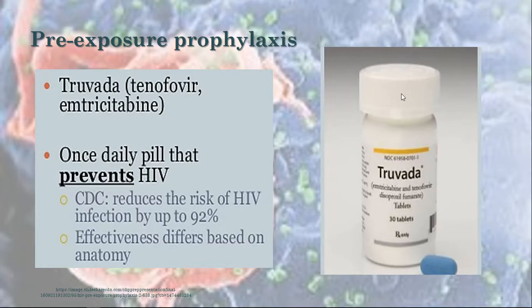And it's a pill that can be taken once daily, and it actually prevents HIV. It reduces the risk of HIV infection by up to 92%, and the effectiveness, of course, differs based on anatomy and differs for each individual.